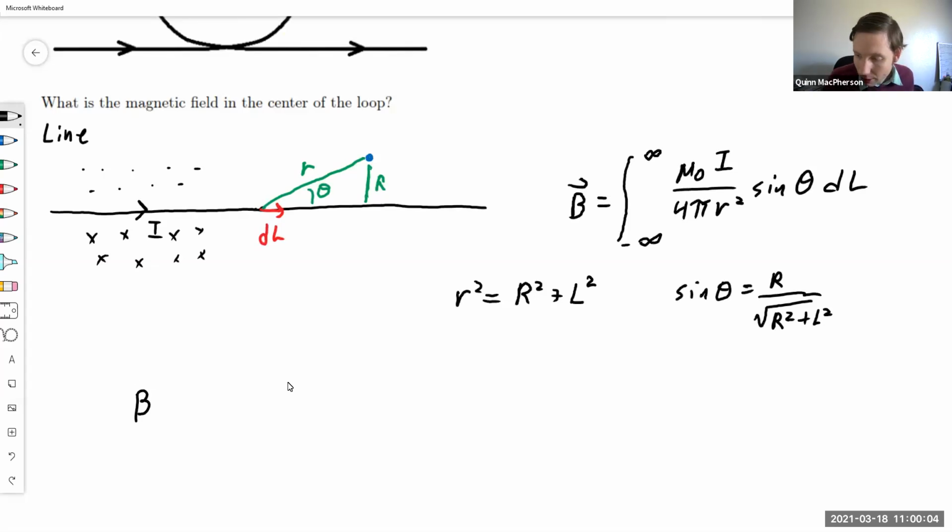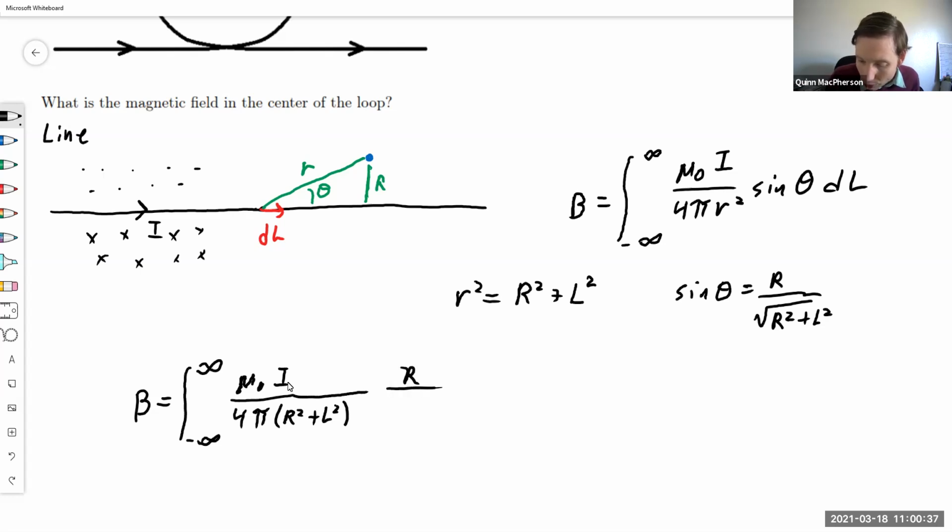Putting that all together, I find that the magnetic field B, I'm going to write it without a vector sign here because I don't have a vector on the other side, is the integral from minus infinity to infinity of mu naught I over 4 pi, times 1 over R squared plus L squared, and then R over the square root of R squared plus L squared, dL.